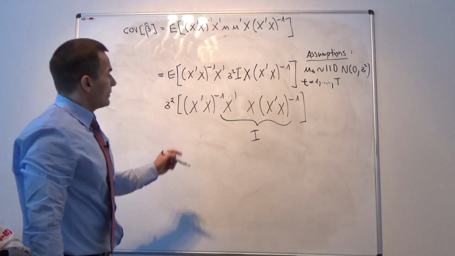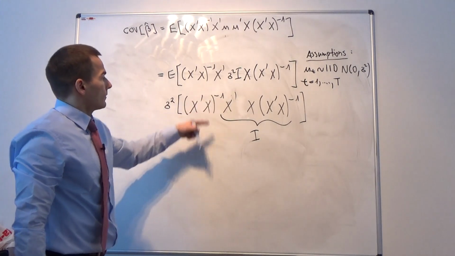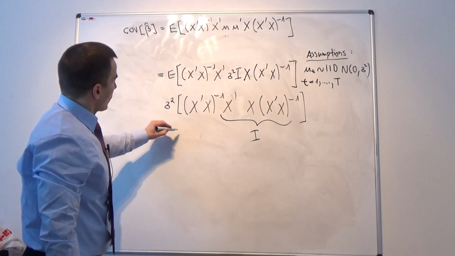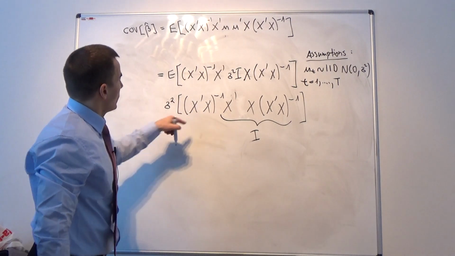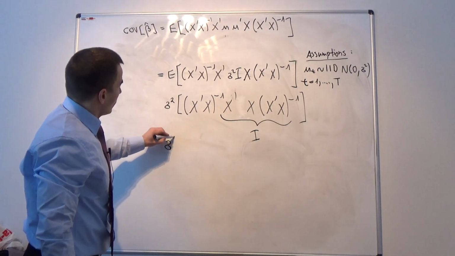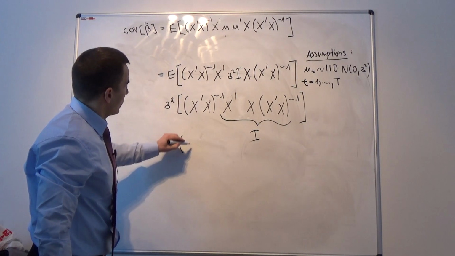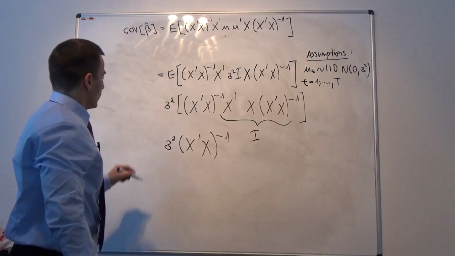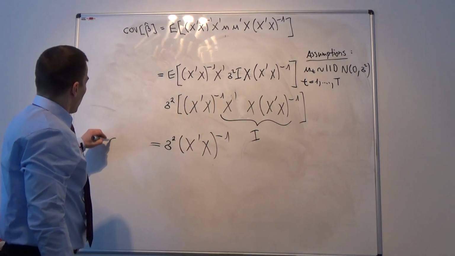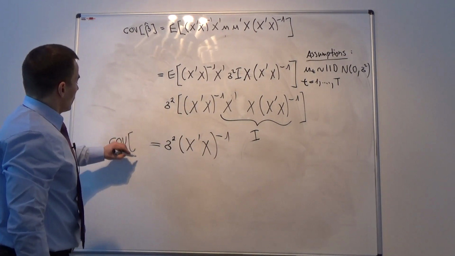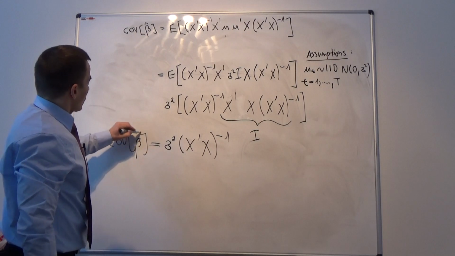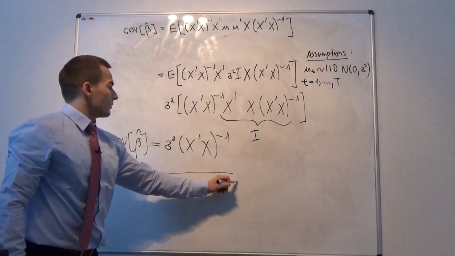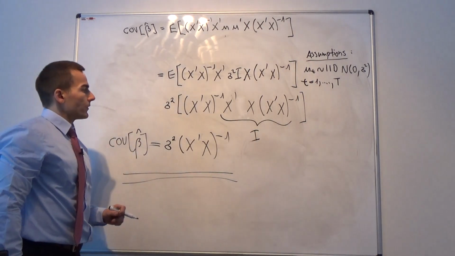And if you multiply something with an identity matrix, it remains the same matrix. So if you multiply this out, what remains is sigma square times x transposed x inverted. And that's the covariance matrix of our beta hat.